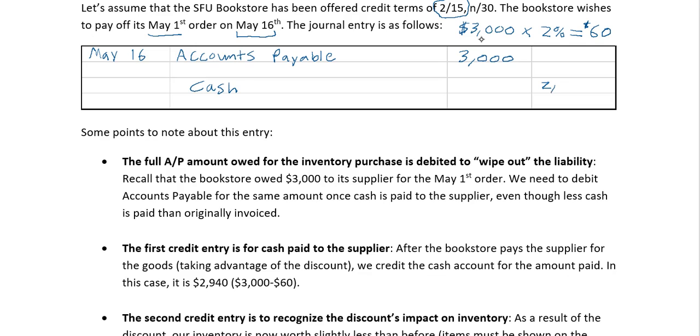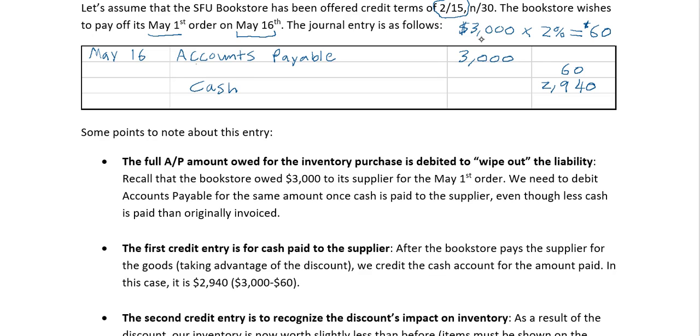So we will pay $2,940 to our supplier. The remaining $60, it will be a credit because we have to have our debits equal to credits. So 3,000 here, and this gives us 3,000 here.